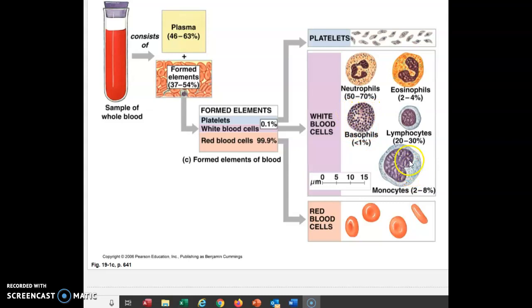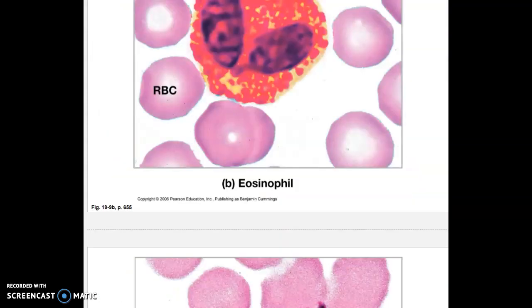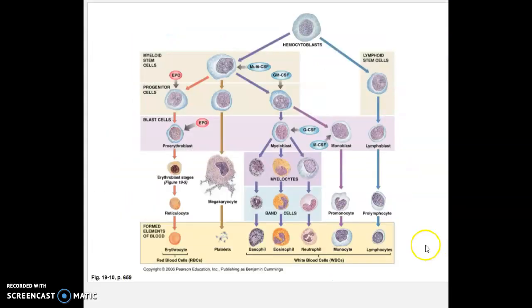Now again, we can relate that back to what we were just talking about, we can see that the granulocytes here hold on to the stain, the neutrophils, the eosinophils, and the basophils.